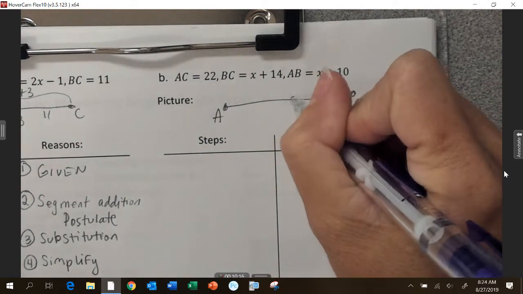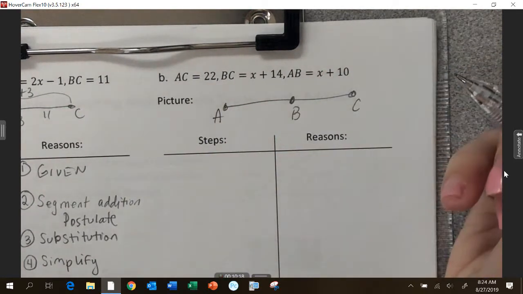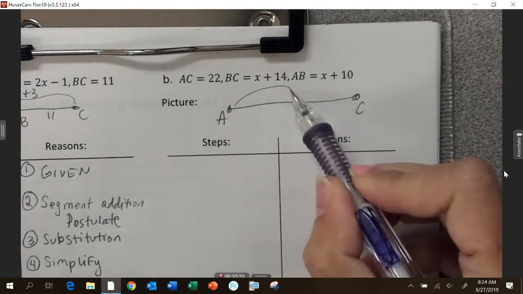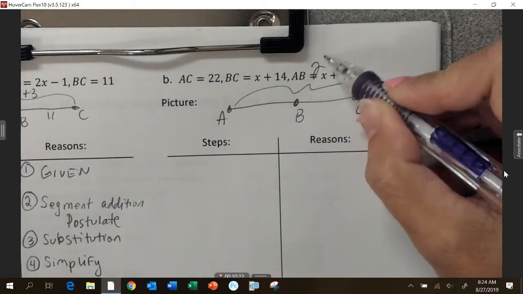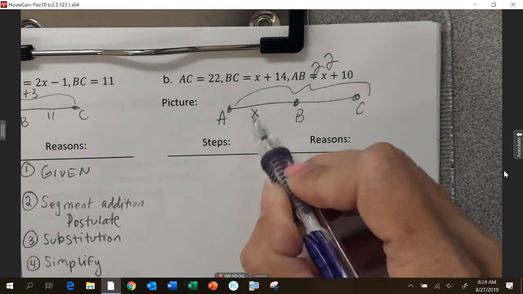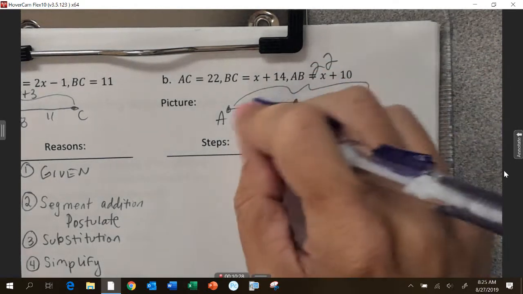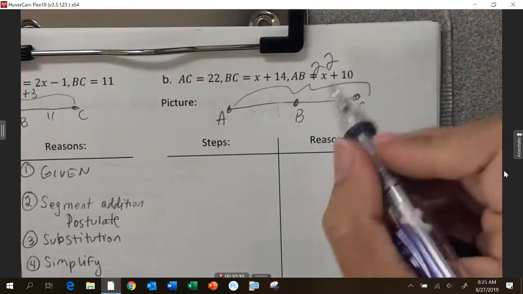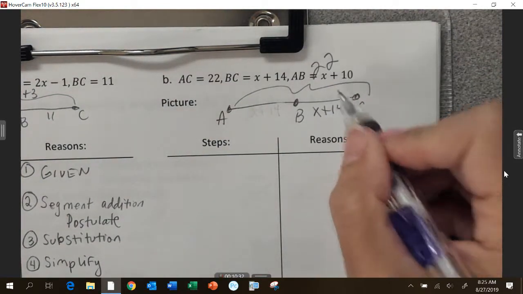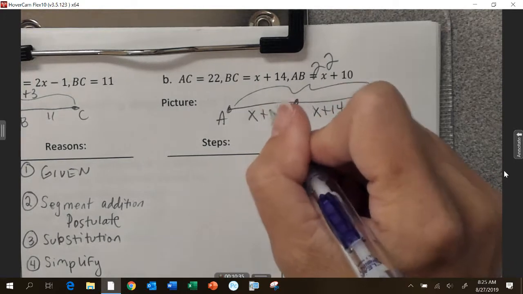AC, B is somewhere in the middle. AC is 22. BC is x plus 14. Oops, that's not BC. And AB is x plus 10.